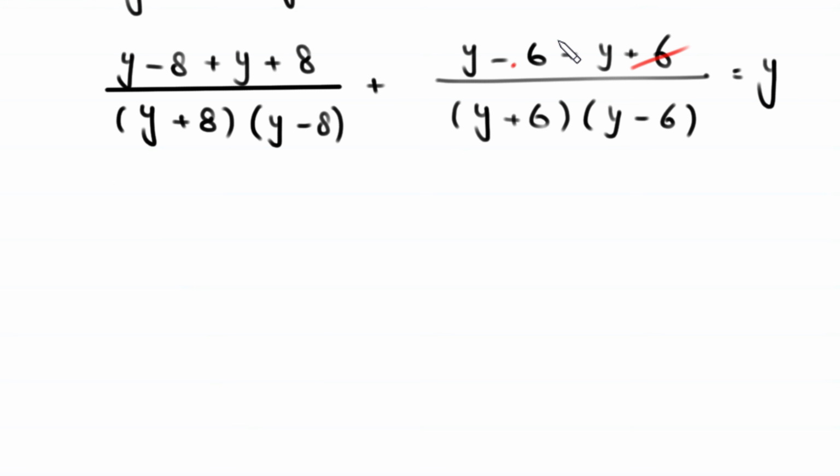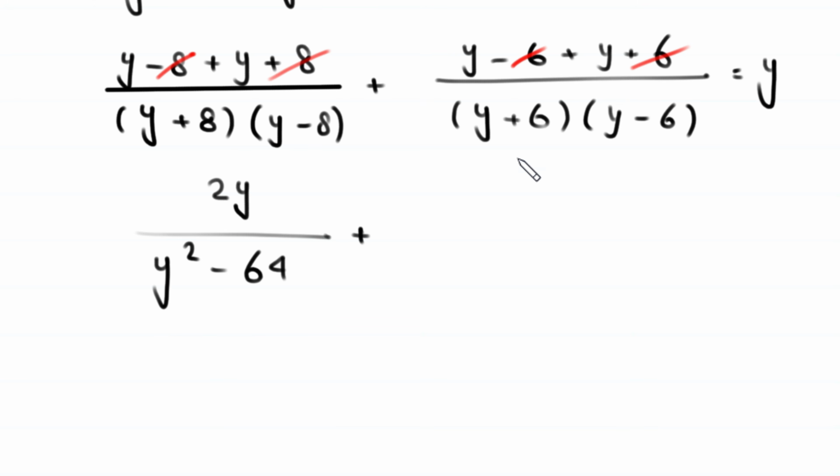This 6 and negative 6 cancelled out, 8 and negative 8 cancelled out, y plus y will become 2y divided by this y plus 8 times y minus 8 will become y squared minus 64, plus y plus y, 2y divided by y plus 6 times y minus 6, y squared minus 36, equal to y.